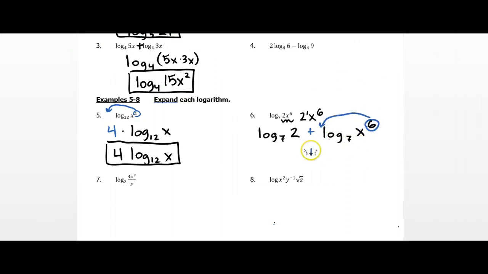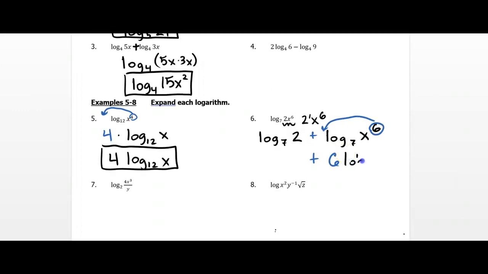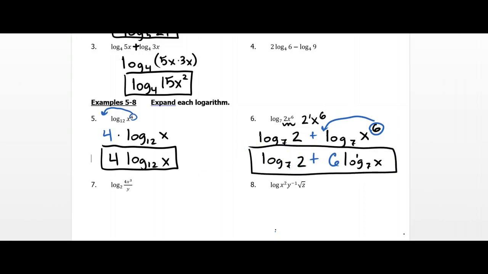So it would become 6 log base 7 of x. And then over here we still have our log base 7 of 2. So the final answer for that one: log base 7 of 2 plus 6 log base 7 of x.